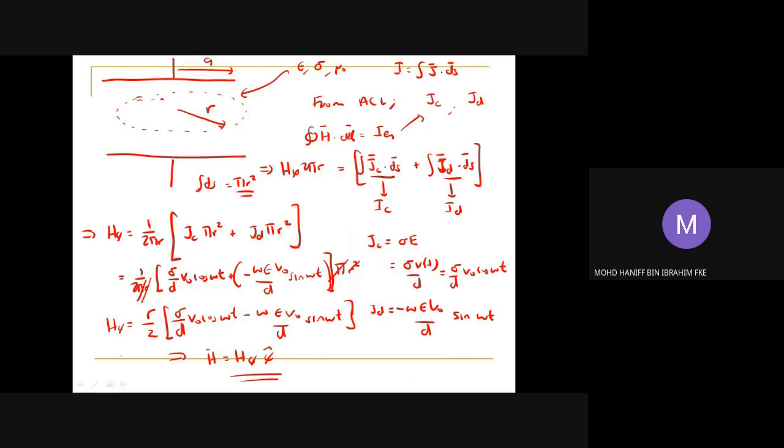Basically, the answer we obtained from the second method should be similar to the answer from the first method we did just now. Is that clear on this method of calculation for the H field? We have two alternatives here: you can use Ampere's circuital law, based on what we have done previously, or you can base it on the method of Maxwell's equation.